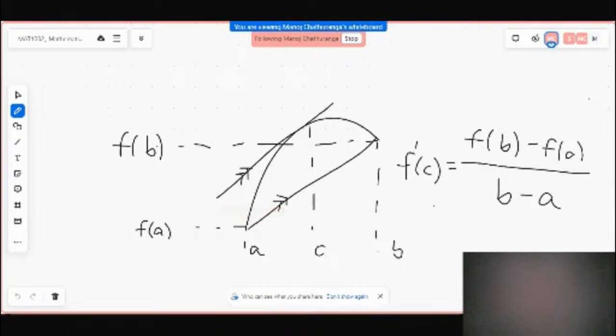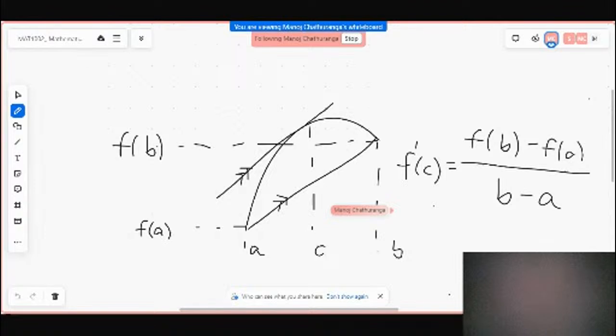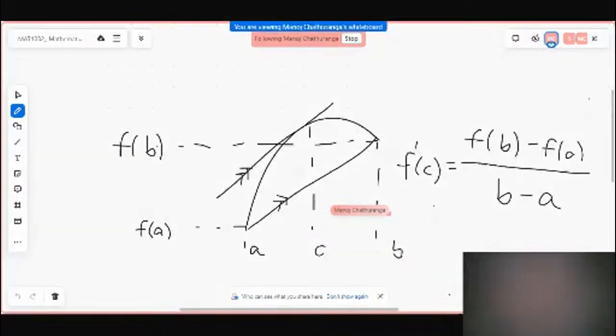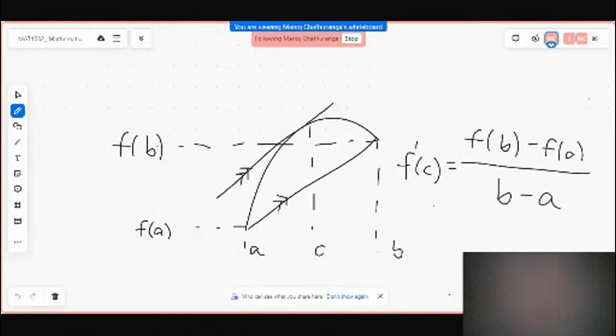In Rolle's theorem, what happened was f of a equals f of b. Therefore, the line joining the endpoints is a horizontal line. In that case, there is a point in between a and b at which the tangent line is horizontal. So Rolle's theorem is a very special case of this theorem.